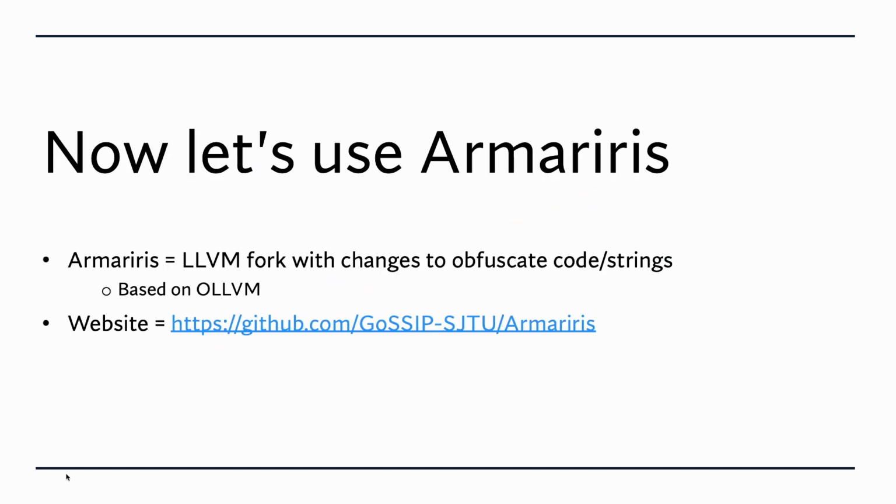Okay, so now there's a couple of different native methods I'm going to show in screenshots here. You've heard of LLVM probably. It's a compiler building tool, basically, an overly simplified explanation. Then someone added a compiler pass to that to obfuscate strings and control flow called OLLVM.